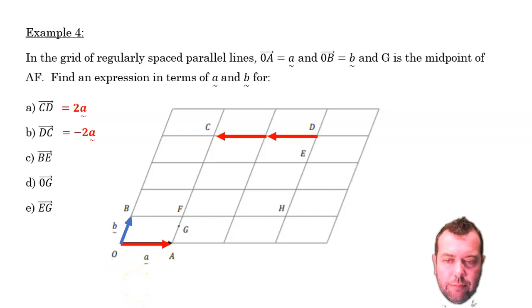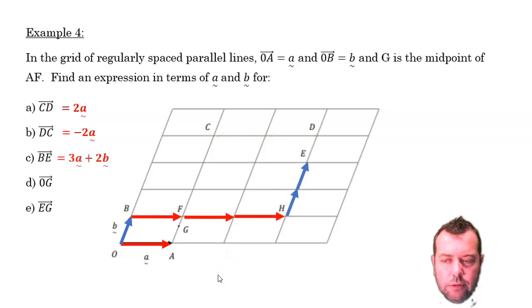From B to E, here's B, and here's E. I've got to go across 3, up 2. 3 of the reds, 2 of the blues. 3A plus 2B describes the vector BE.